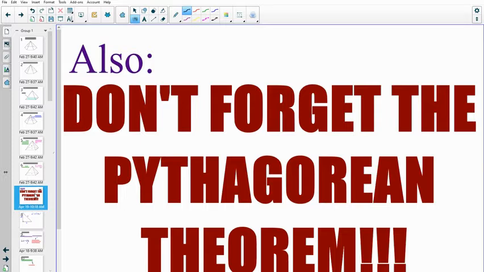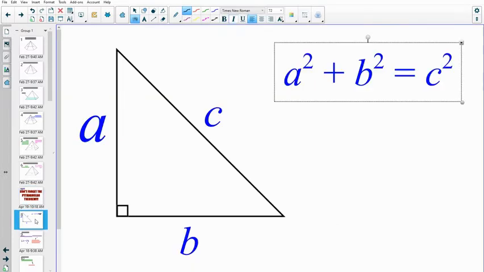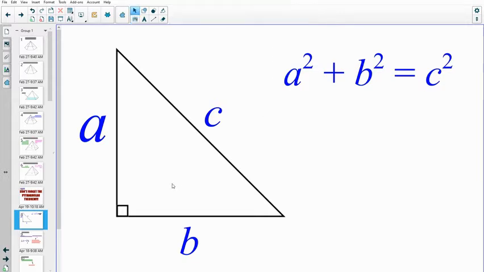And then finally, do not forget the Pythagorean theorem. That was a big deal for us earlier, and the Pythagorean theorem is definitely not going away. In fact, it's such a big deal that I'm going to take just a moment and review it with you. Make sure that you remember what it is. In a right triangle, a triangle with the right angle, I'm going to call the two legs of the triangle a and b. Those are the two sides that are next to or adjacent to the right angle.